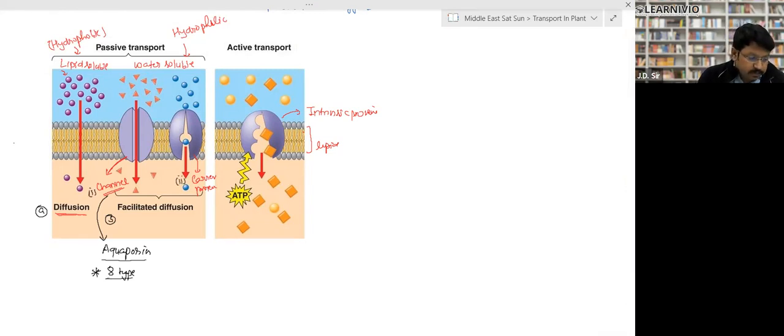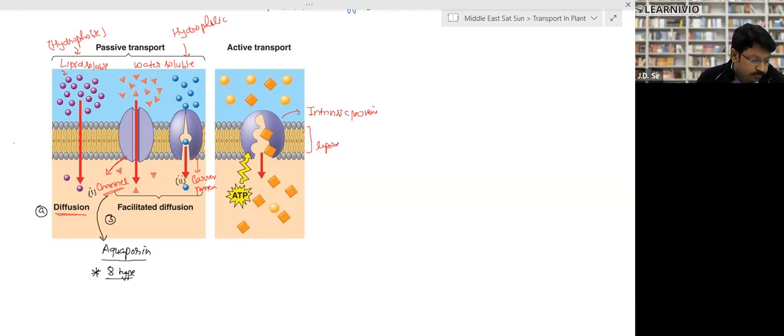Carrier protein binds the particular solute to be transported and delivers the same to the other side of the membrane.